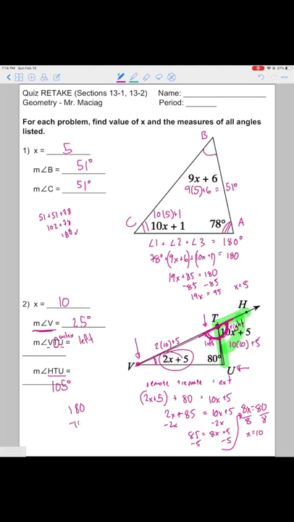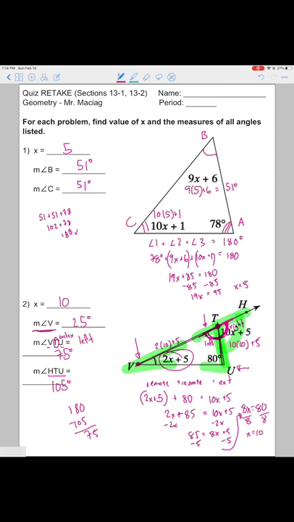So then we do 180 minus 105 equals 75. We can check our work. We have 25 degrees right here, plus 80, that's 105, plus 75 is 180, so that works out.